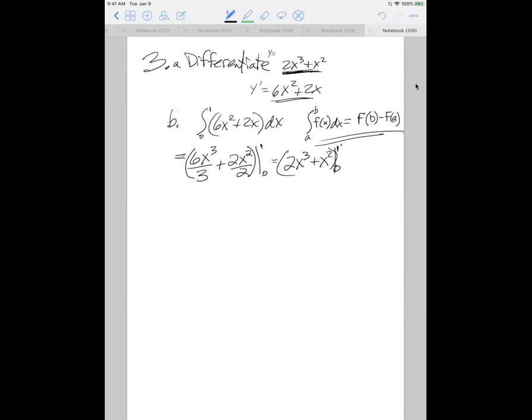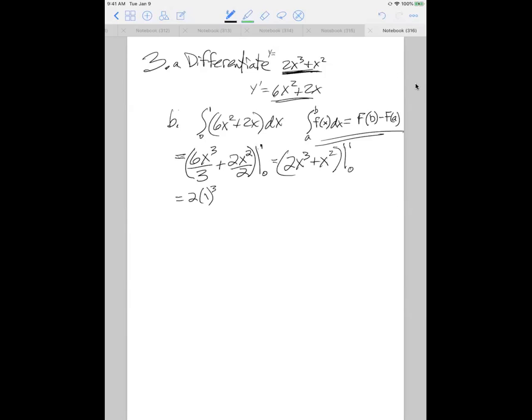Let's hit that again, from 0 to 1. And notice that is the antiderivative that we had started with. Now we will plug 0 and 1 into these reduced terms. So we end up with equal signs throughout. You guys remember your equal signs.